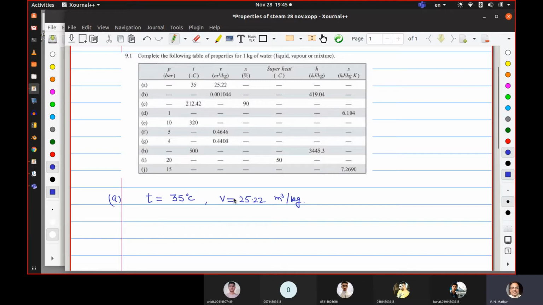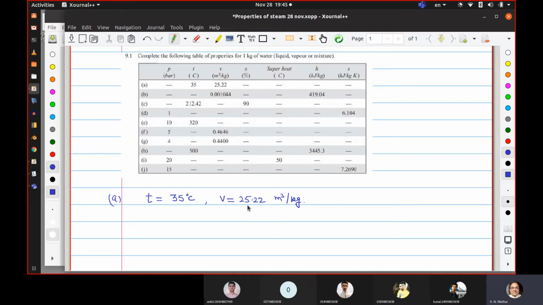See, if this value would have been greater than 25.22, then it would have been superheated steam. If this value would have been less than 25.2, then it would have been a wet steam mixture of liquid and vapor. So for wet steam, we need to calculate dryness fraction, and with the help of dryness fraction, we'll compare the other properties.